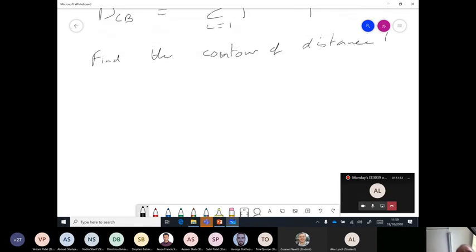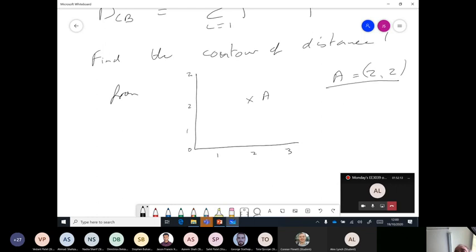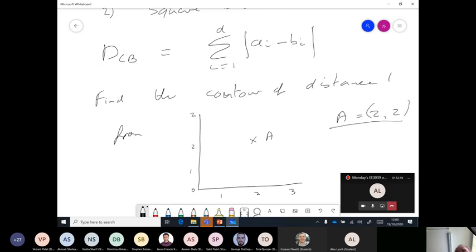There is pattern A, and I want the contour of distance 1: all the patterns that, using this equation, are a distance 1 from the reference pattern A. Now I'll give you the Euclidean distance.